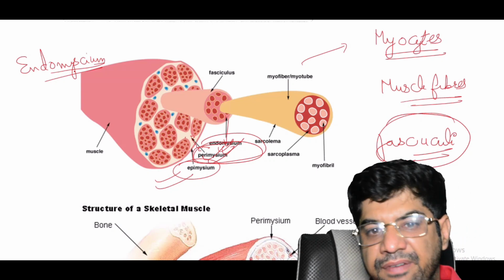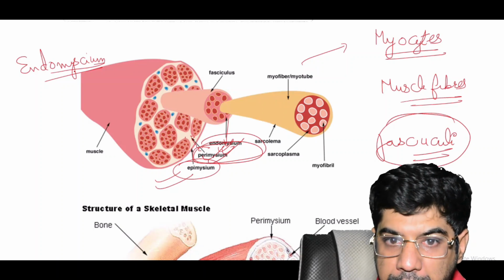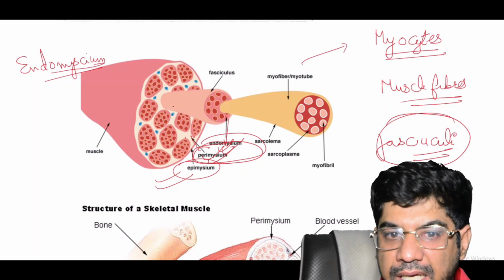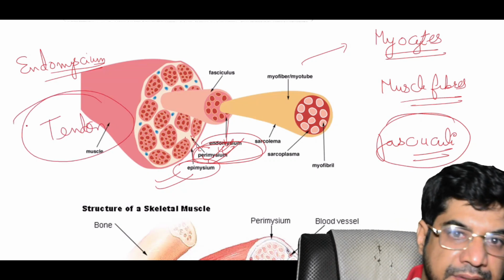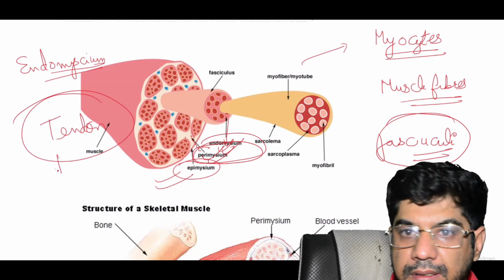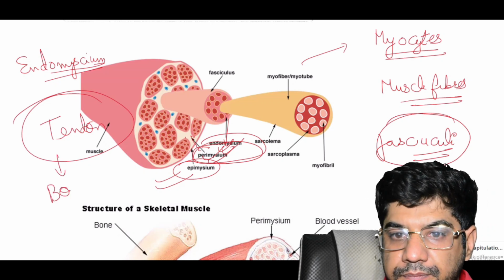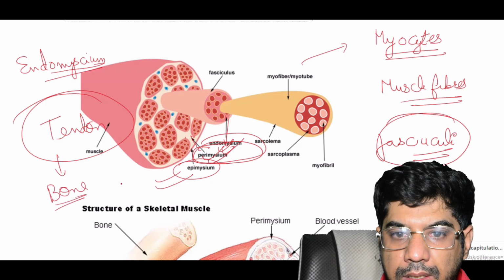Now remember, each muscle fiber is cylindrical in shape. Muscle fibers are attached to a tough cord of connective tissue that is known as the tendon. The tendon is then attached to bone.